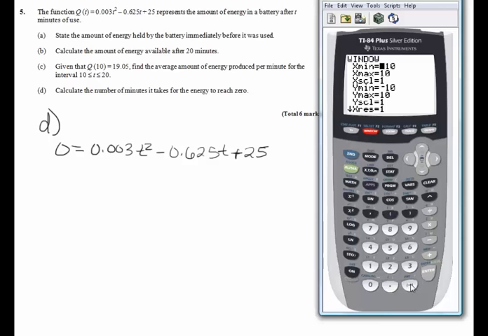I don't need to know negative time really, so we'll change that. I'm going to throw this out to 50 minutes just in case, because I know there was energy at 20 and I know we started at 25, so this should give me an idea.